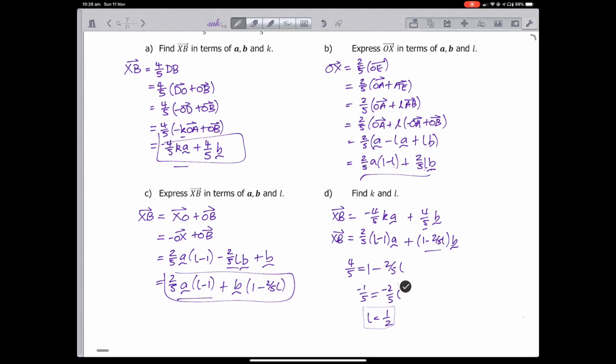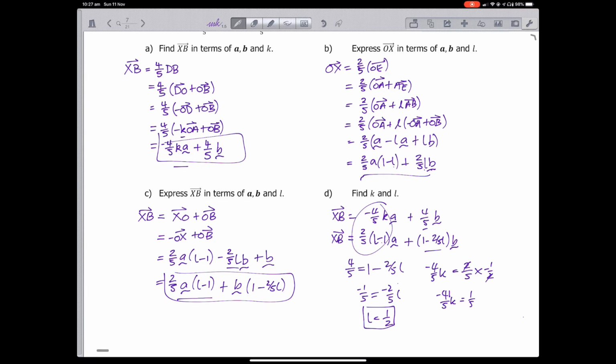And if we know that L equals 1/2, then from here we know that negative 4/5 K is equal to 2 on 5 times a half minus 1, which is negative a half. They cancel. So I've got negative 4/5 K is equal to 1/5, and K is equal to a quarter. Is that right?